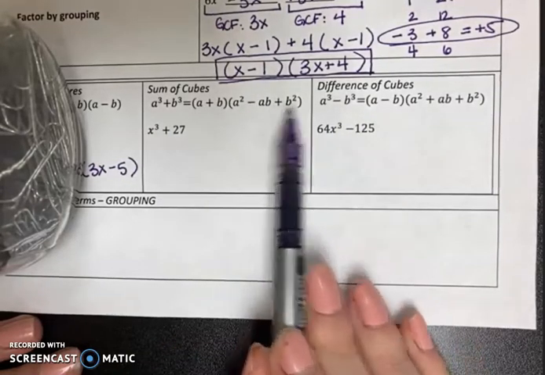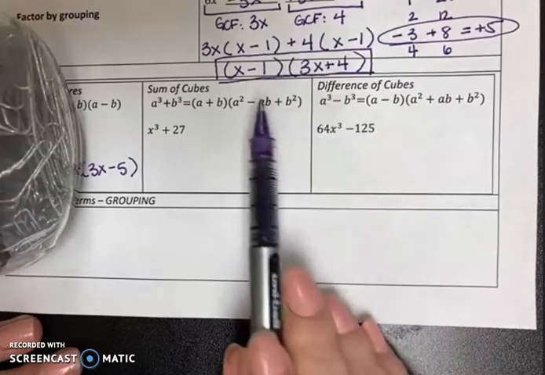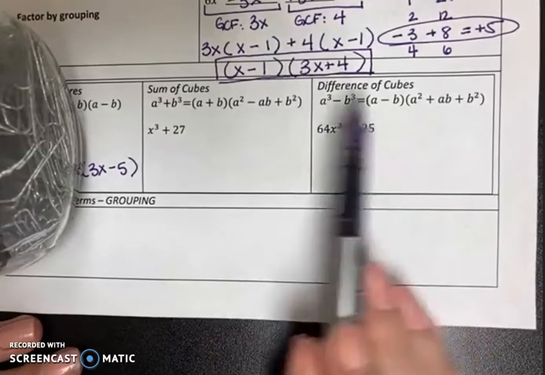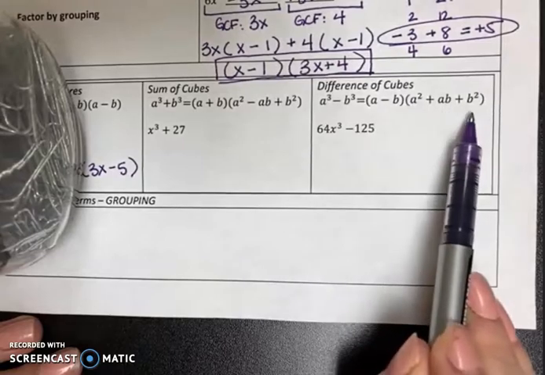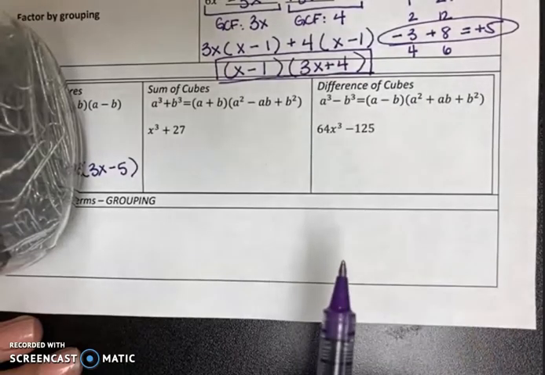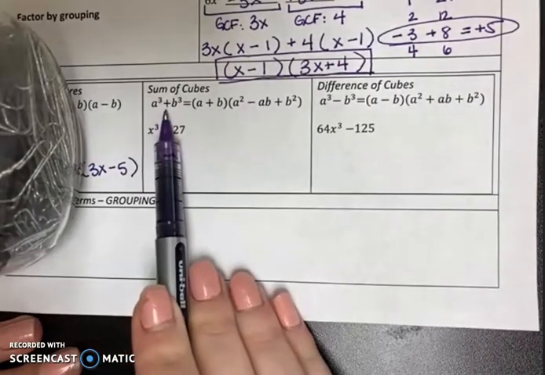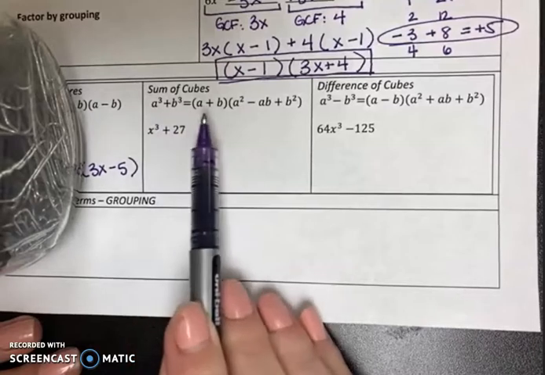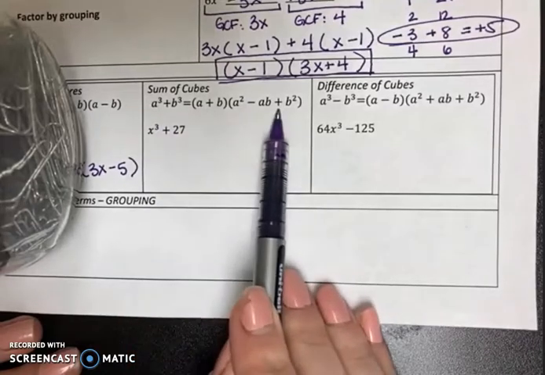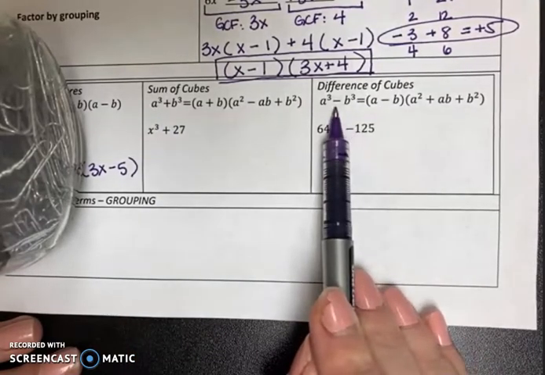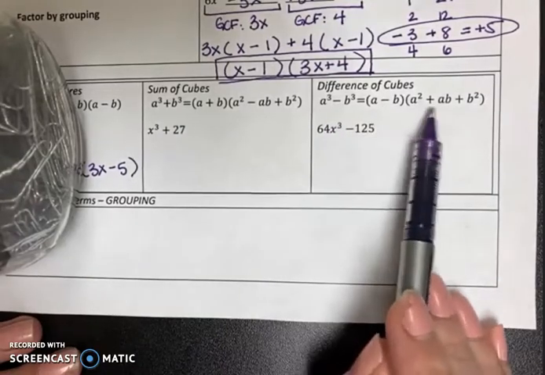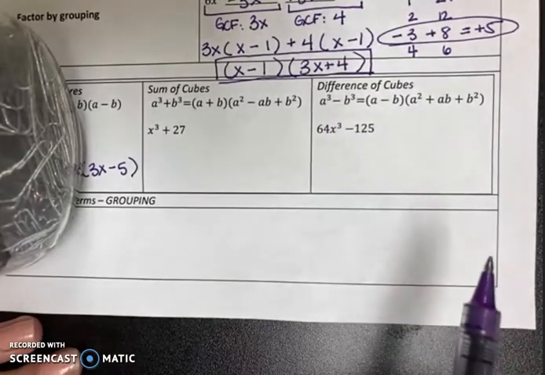The second parentheses in both have a squared, ab, b squared. So when we're adding for the sum of two cubes, we're going to have plus minus plus. And when we're subtracting for the difference of cubes, we're going to have minus plus plus for our signs.